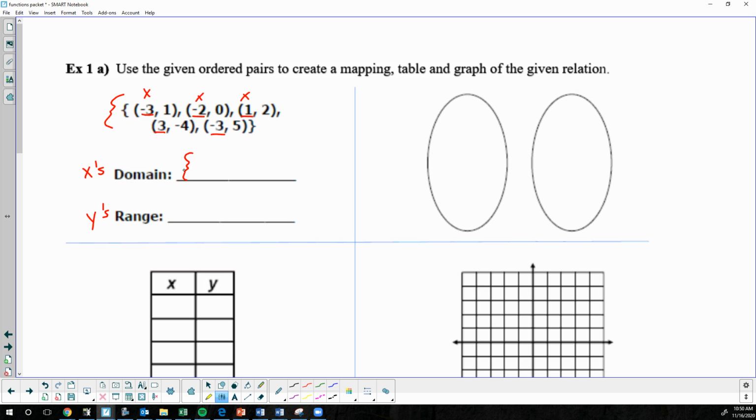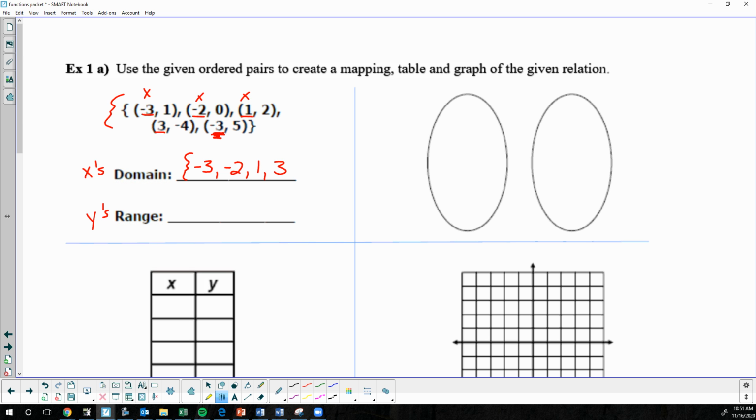If possible, it is nice to do them in order. I don't think too much will happen if you don't, but if it's multiple choice, they'll be in order. So -3 is my first one. You separate the numbers with commas. -2 is my second one. And then I have 1. And then I have a 3.